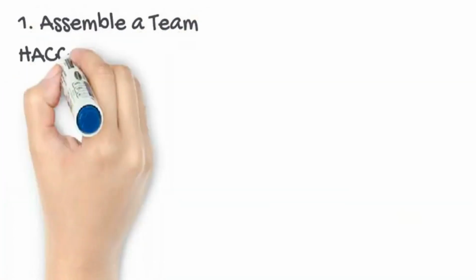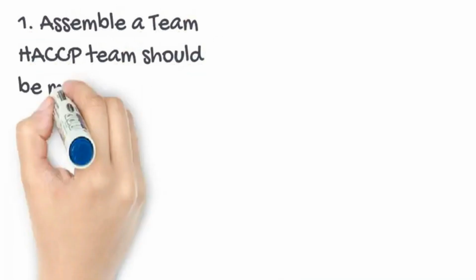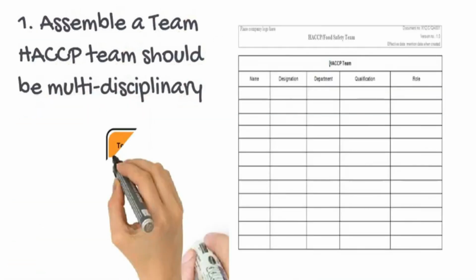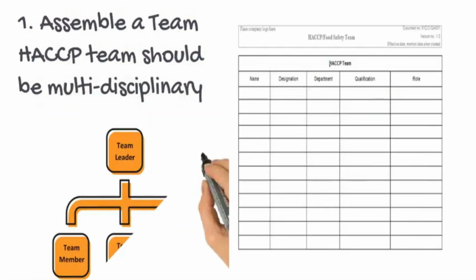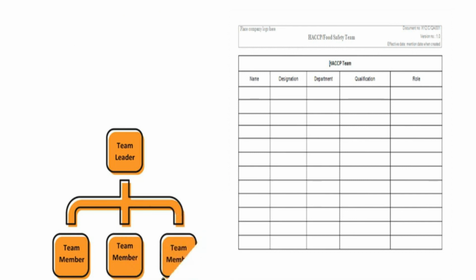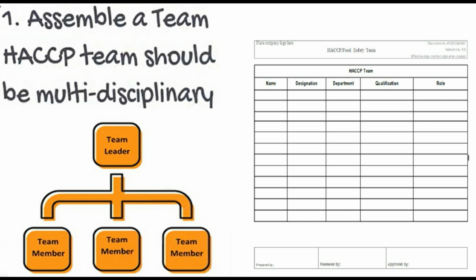You must keep in mind while making a team that your HACCP team must be multidisciplinary, meaning all relevant departments should be included in that team. It doesn't mean that you need to include every member of other departments, but just a leading person of that department. For example, HR manager, no need to include their executive.